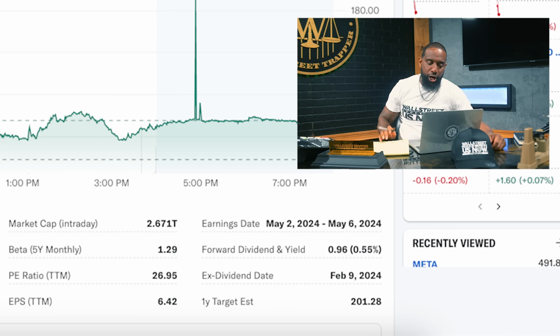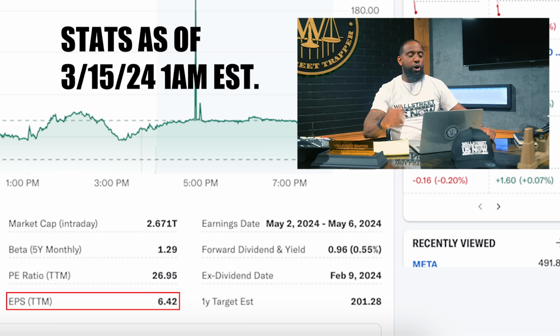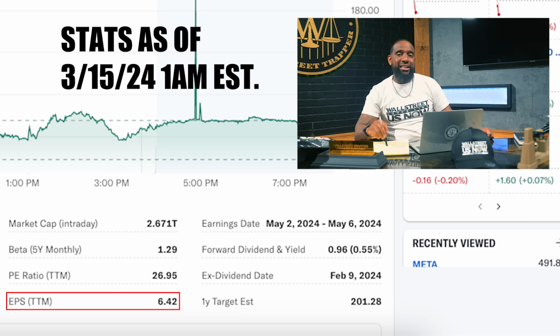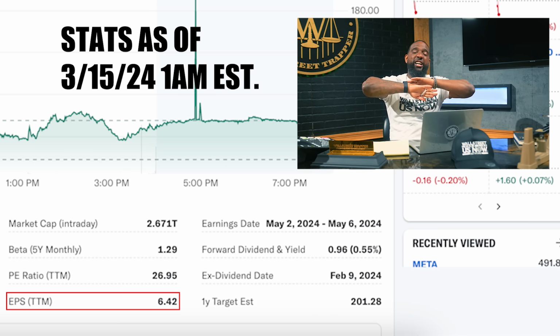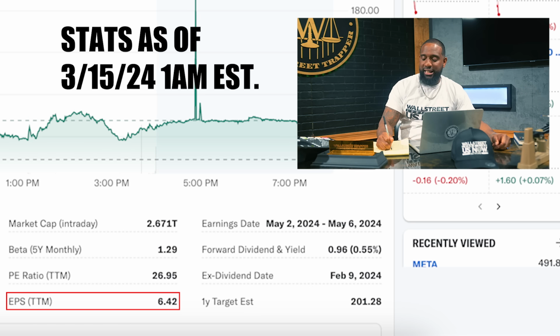Next one, earnings per share. What earnings per share tells us is how much money a company has made per share after it sells everything off. So watch this. Apple has 16 billion outstanding shares.